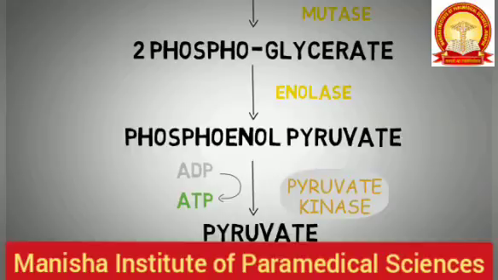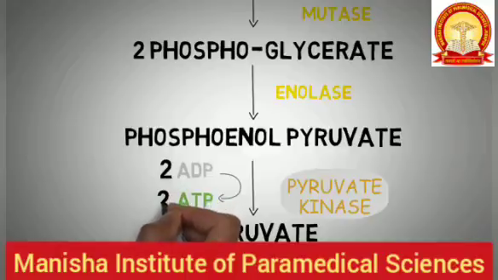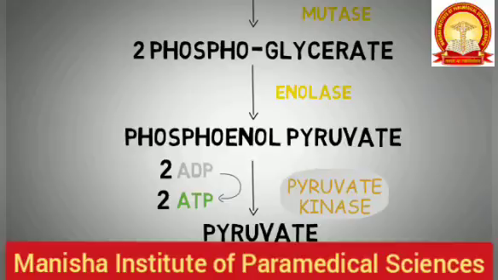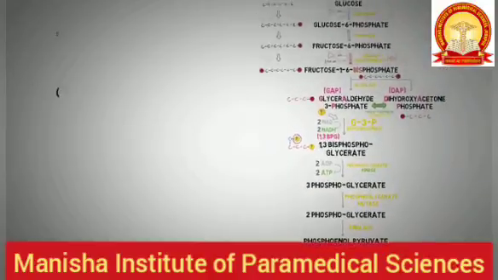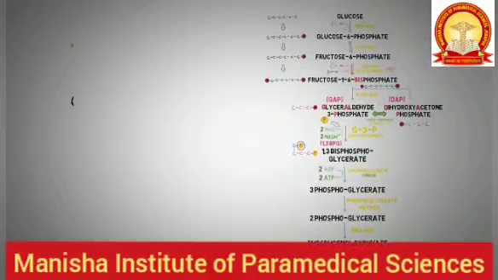The phosphate group on the phosphoenol pyruvate is removed and used to convert an ADP to ATP. In this step also, you can note that 2 ATPs are produced, as one glucose was earlier split into 2 molecules of glyceraldehyde 3-phosphate. So we are basically done with the complex part of the glycolytic pathway.